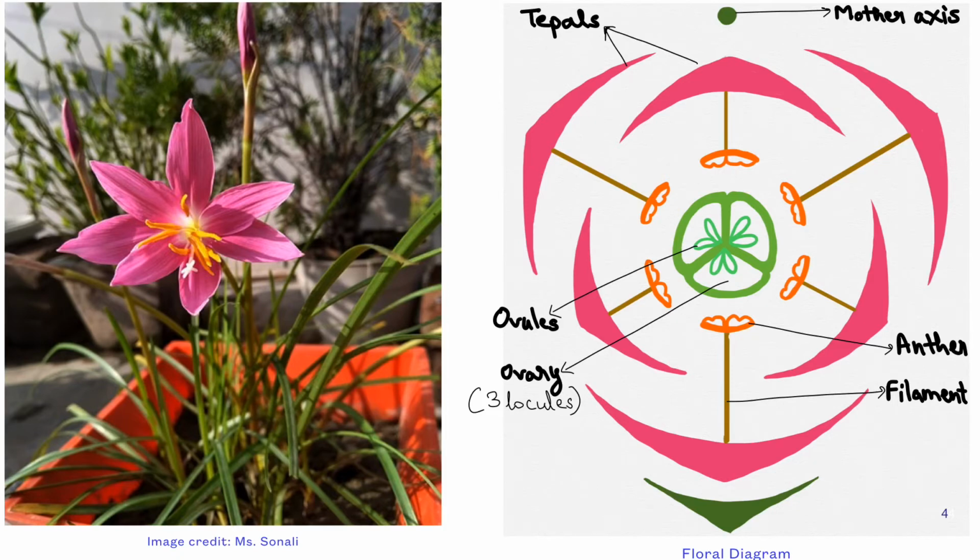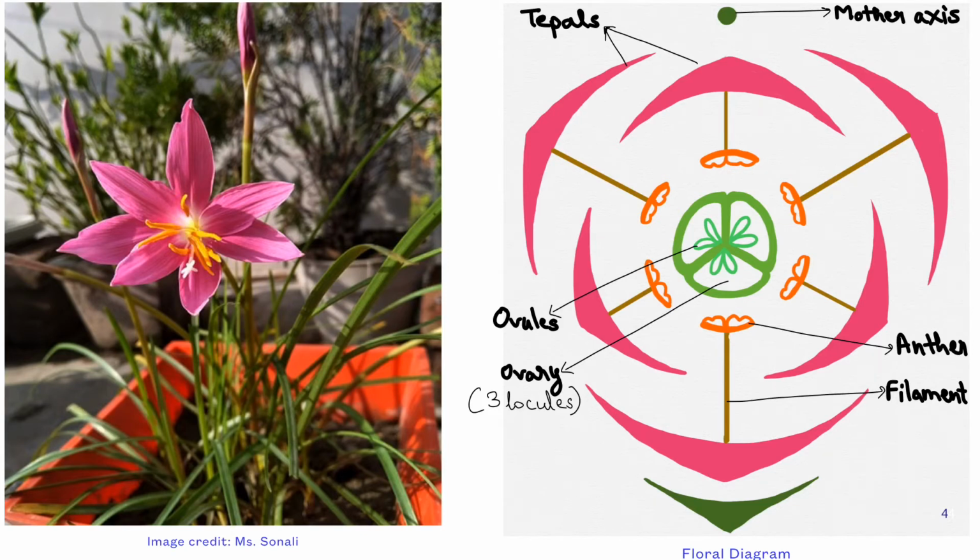It shows the axis and the position at which the flower is attached to the axis or the stem. Next comes the other appendages like bracteoles.